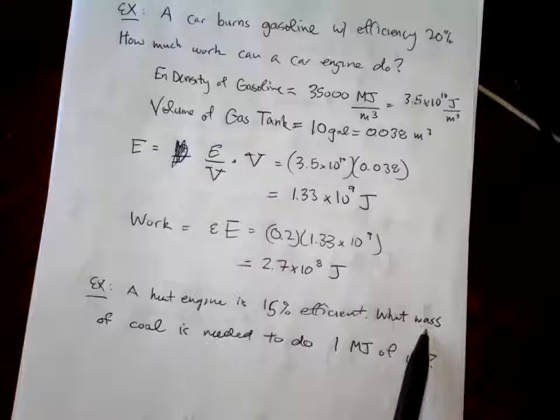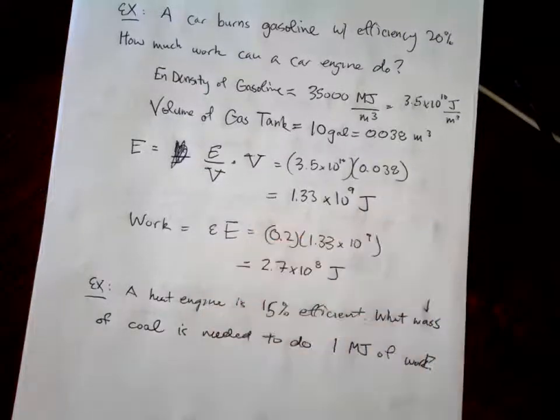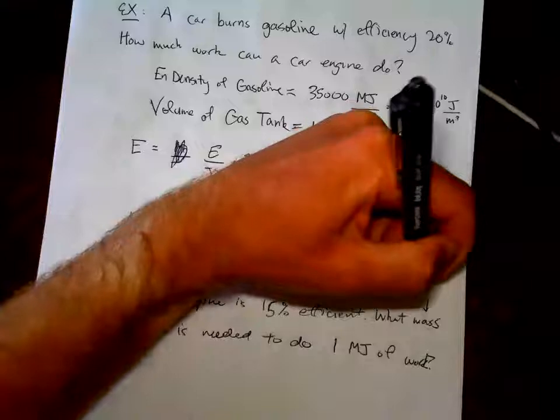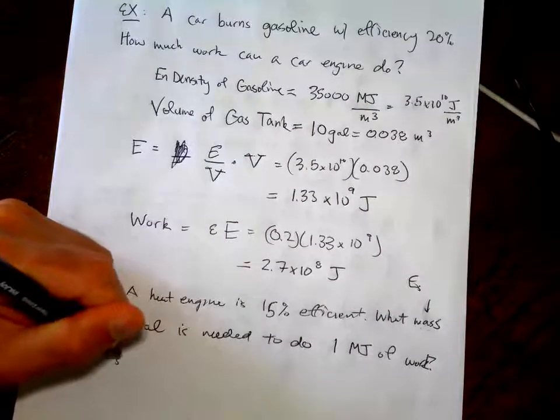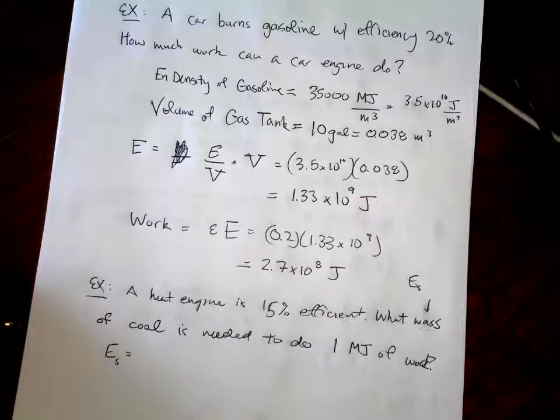So for that, I would need to know what is the specific energy, E sub S. So I'm going to look up the specific energy of coal. And now I'm on the right web page.